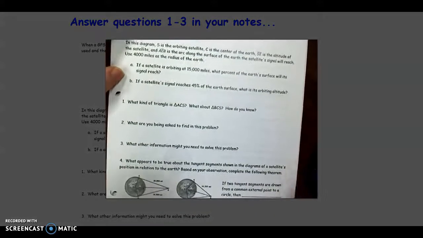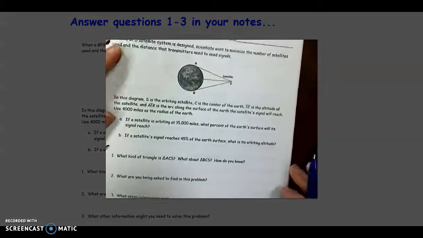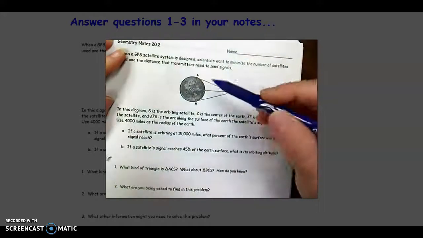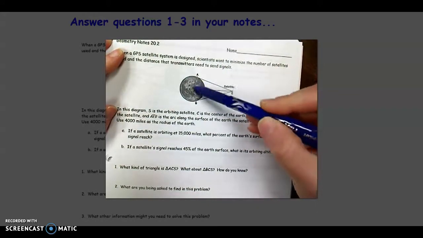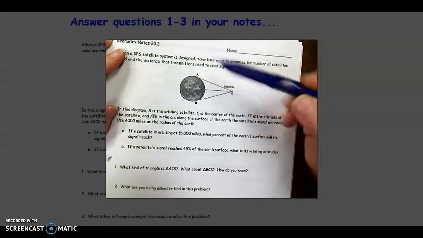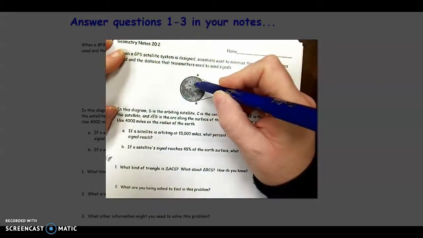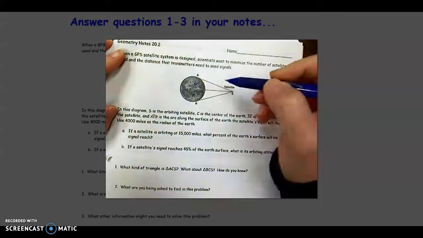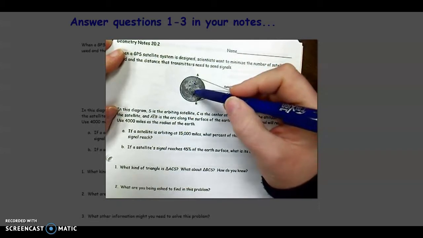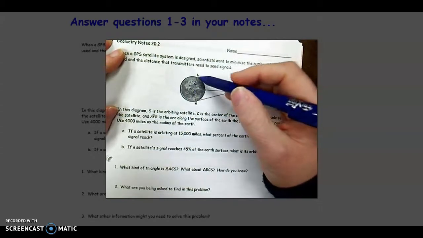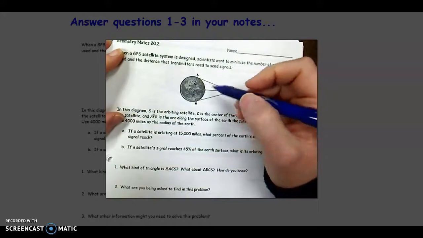It says, what kind of triangle would we know ACS to be? Remember, we have already learned that AC and CB are radii of the circle, and using the definition of a circle, we know they're congruent to each other. We also know that when you have a radius drawn to a tangent, you create a perpendicular relationship.